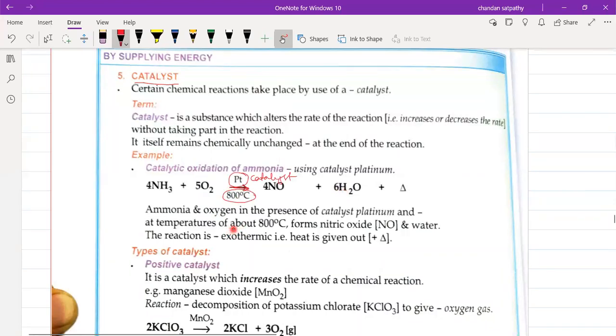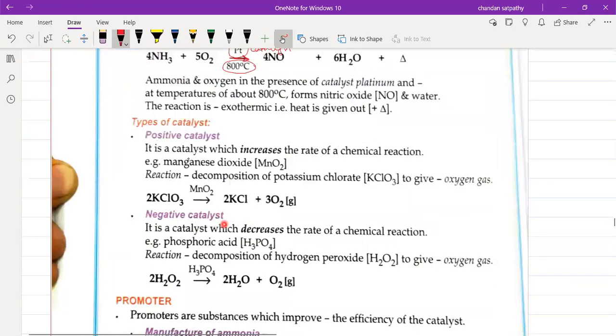Next, types of catalyst. Let us see how many types of catalyst there are. The first type is positive catalyst. It is a catalyst which increases the rate of a chemical reaction. That means a catalyst which increases the speed of the chemical reaction, which makes a chemical reaction faster, is called a positive catalyst.